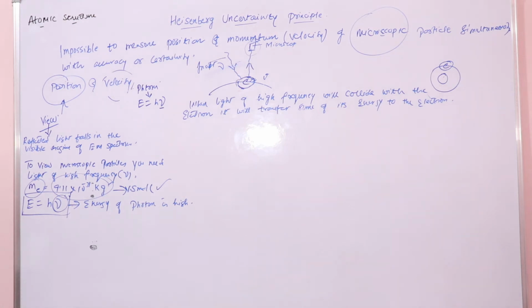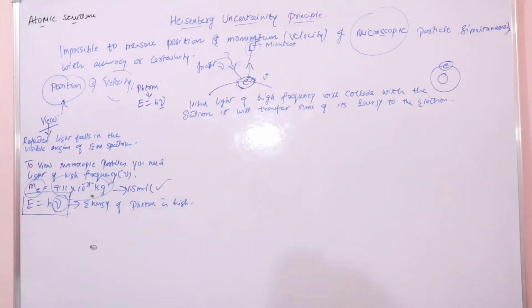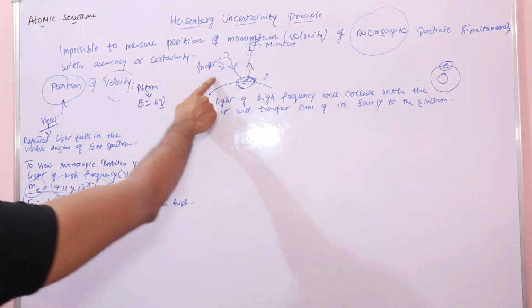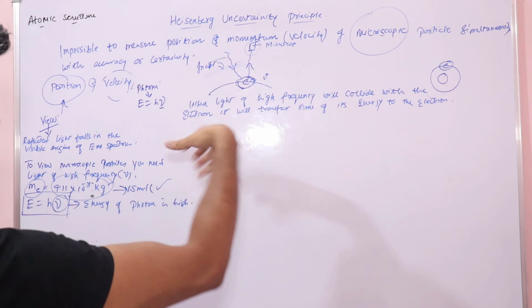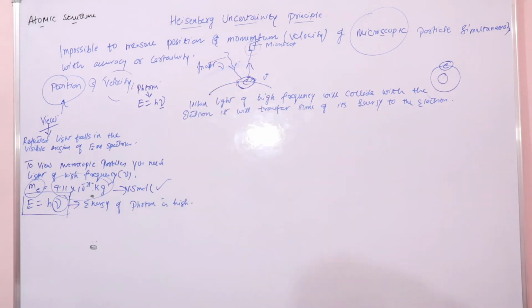On the other hand, say if we use photons of radiation of longer wavelength, if we don't use the photon of high frequency or high energy, then we would not be able to locate this electron, this object.